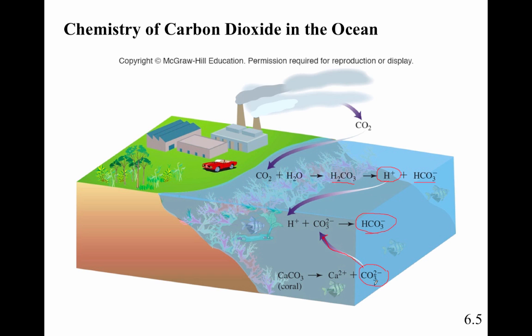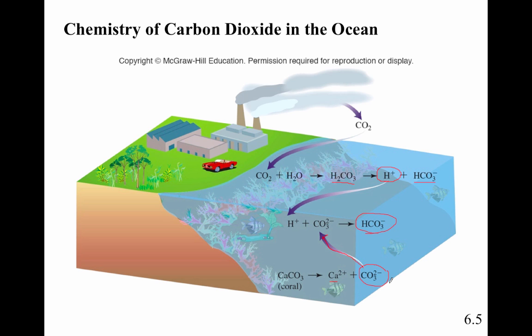If our carbonate ions are being used in this reaction, that means they're not available to combine with calcium to form calcium carbonate. Or, to maintain this equilibrium, we'll have calcium carbonate dissolving or dissociating to form calcium ion and carbonate ion to maintain the equilibrium.